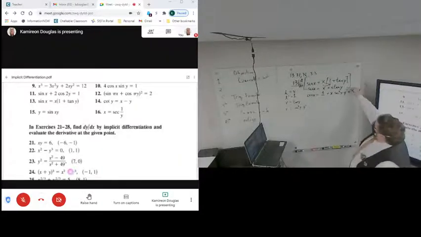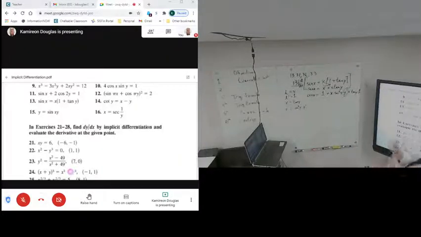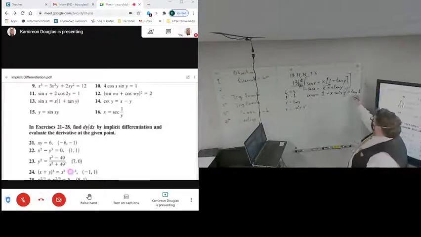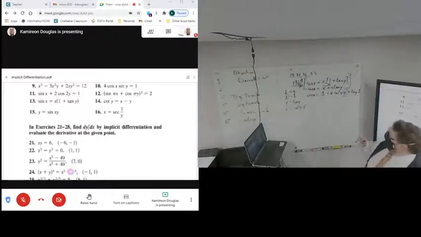My goal: y prime needs to be by itself. Suggestions? How am I going to do that? Subtract tangent y. Subtract that piece. And the 1. Okay, good start. Good start.